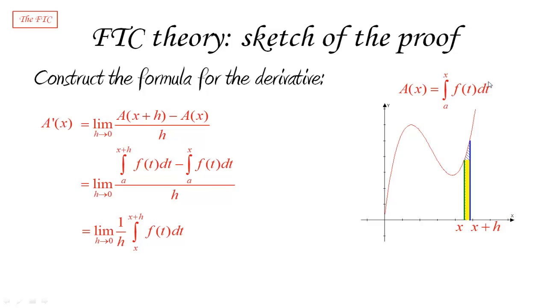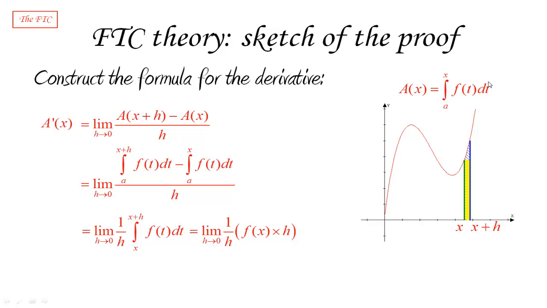You can tell this is the one point where you need to check the details. Okay, so here I'm waving my hands a little bit, but I hope you believe me when I'm saying that the integral from x to x plus h is in the limit the same thing as the area of the rectangle, which is of course f of x times h. Again, technicalities to check, but they work out.